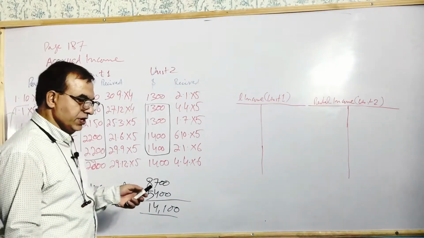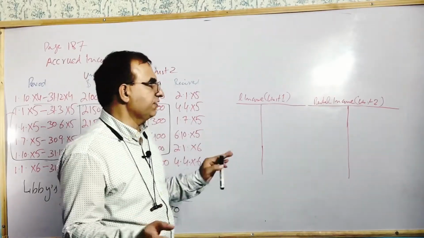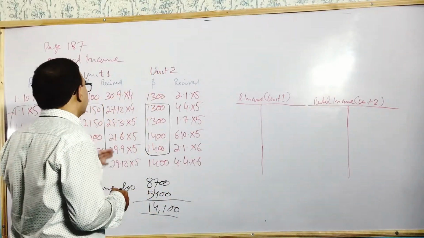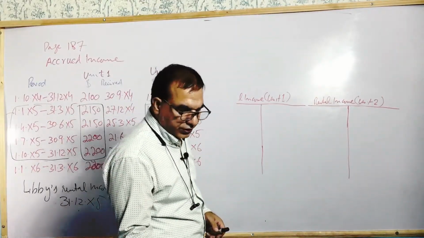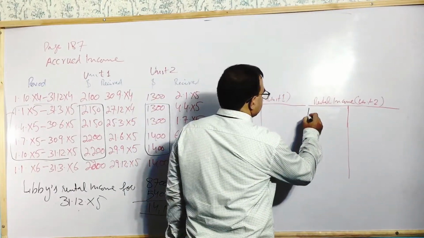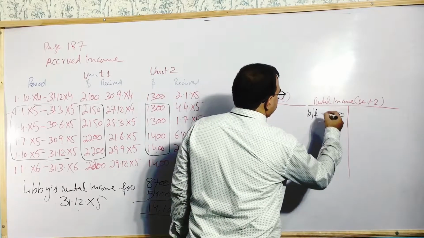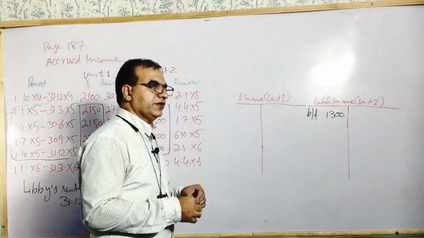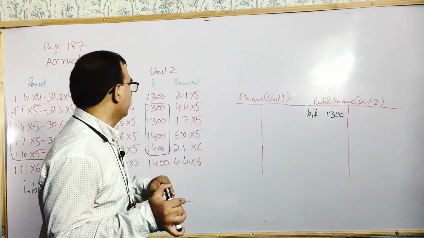It means this was outstanding, receivable. For unit 2 something was receivable for the year 14. So the receivable balance comes here, we know. So 1300 at the start of 2015, we had this receivable as rent for unit 2.